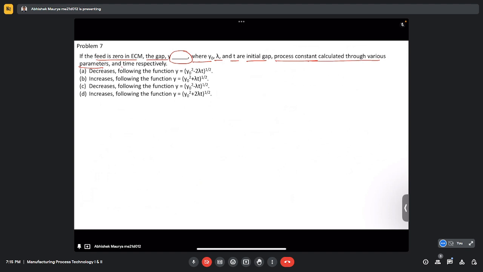So first of all, I will draw some schematics and then I will explain. Suppose we have a tool for the electrochemical process, and we have a workpiece.